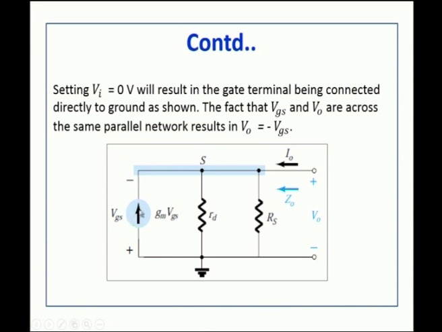This current source is also away from positive and towards negative, and from this circuit you can say VO equals minus VGS. This highlighted portion tells you that the source terminal is common here. This is also the source terminal, all in the same node, the same point.